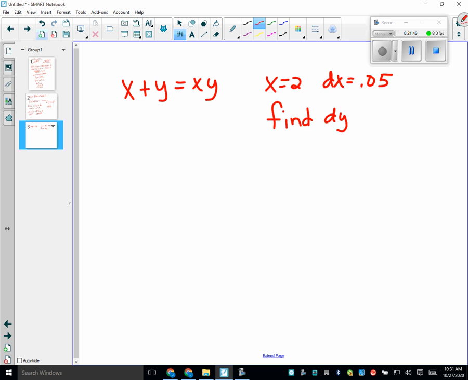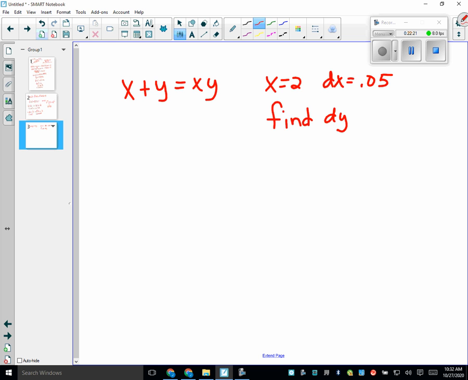All right? Are we good? Still kind of on that last one. Can I take the derivative of this? Everywhere there's a letter, when I take the derivative, I would put dx or x prime. I'm going to put dx. It's the same thing.